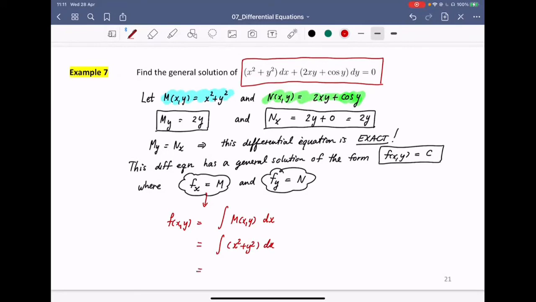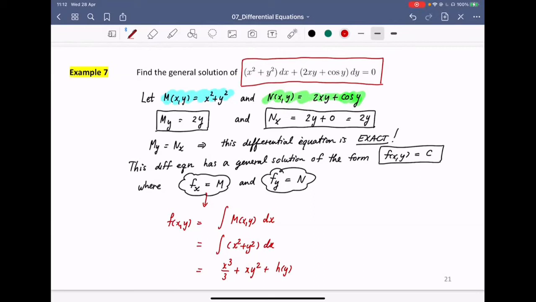I integrate x squared, get x cubed over 3. I integrate y squared dx, so I get x y squared, and then I need a constant, but the constant here is going to be a function of y, h(y). Why do you need to have h(y) here, not just a constant? Because you integrate with respect to x.